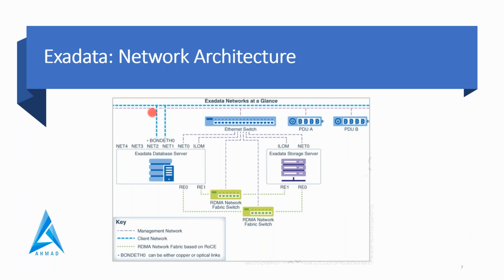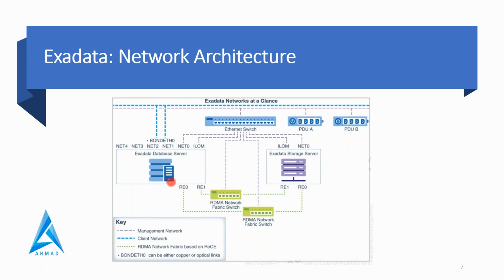Now, what is the RDMA fabric network, or you can say private network? This network basically connects the database server and storage server using the RDMA over InfiniBand network fabric switch, or RDMA over ROCE network fabric switch on the rack. So this is there, RE1, RE0.